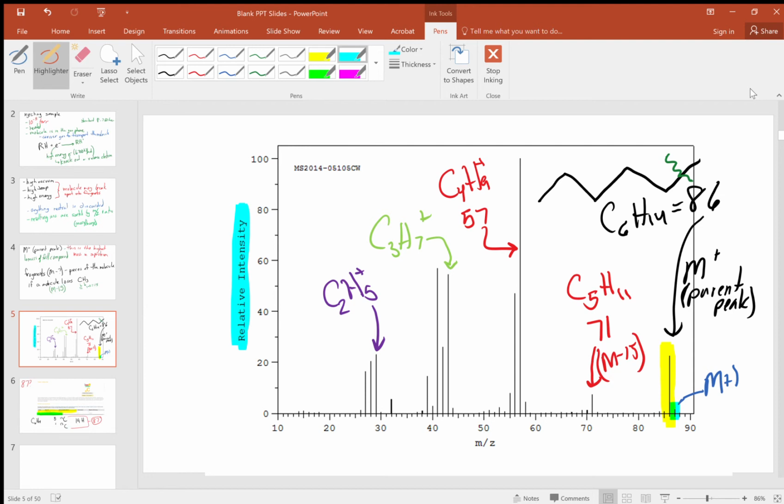Sometimes we can't identify every peak. As we've already said, there's all sorts of weird things going on under mass spec conditions, and most of these spectra may have some fragments that we can't fully identify. And that's not a problem, it's just something that we have to accept sometimes.